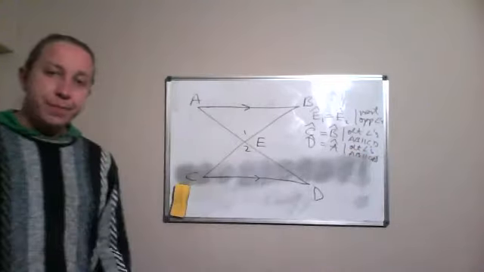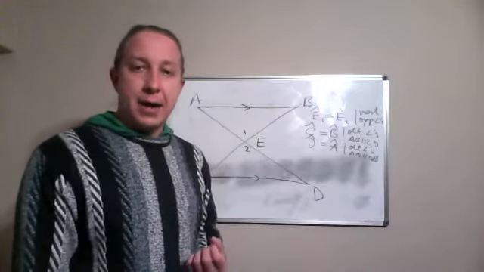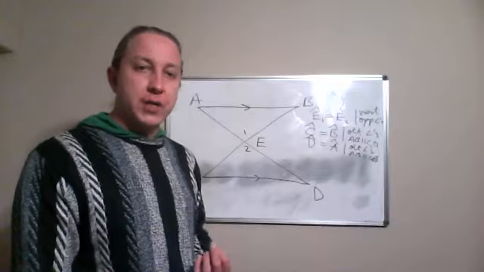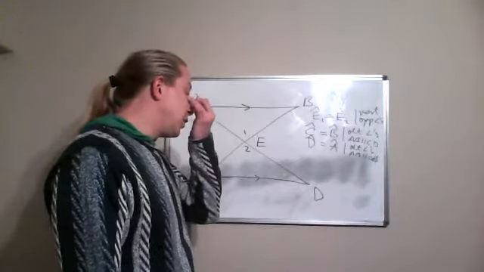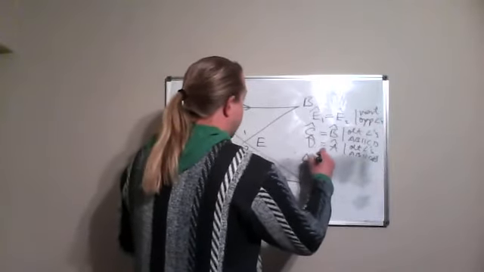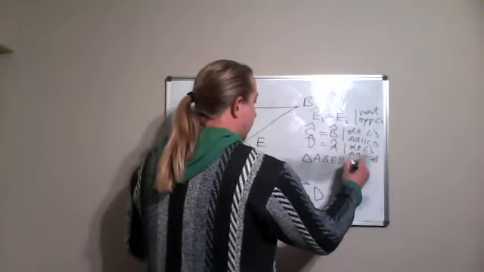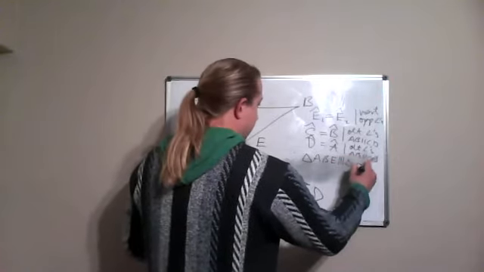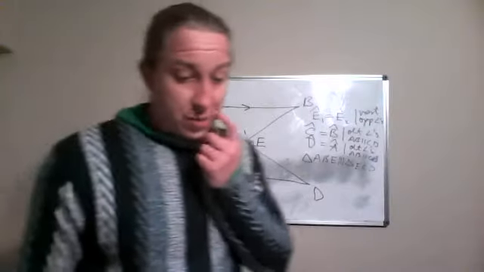Once we've proven the three angles are the same, or the three ratios are the same, then we can conclude that these two triangles are similar. So we say, therefore, triangle ABE is similar to triangle ECD. That's how we conclude.